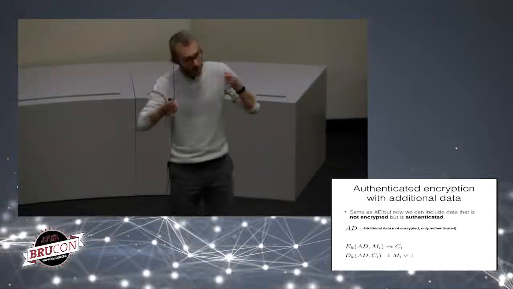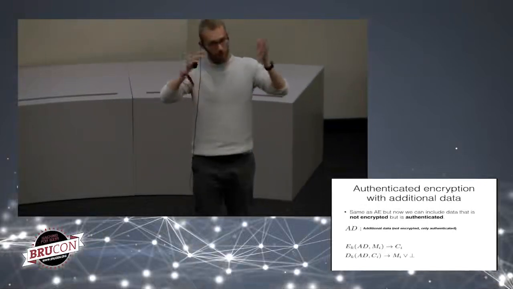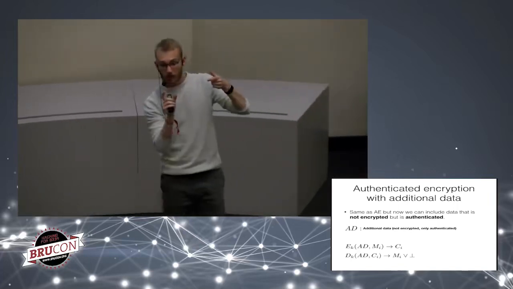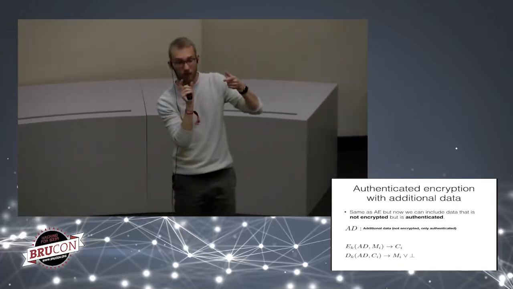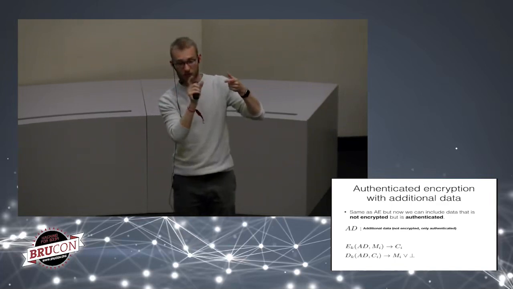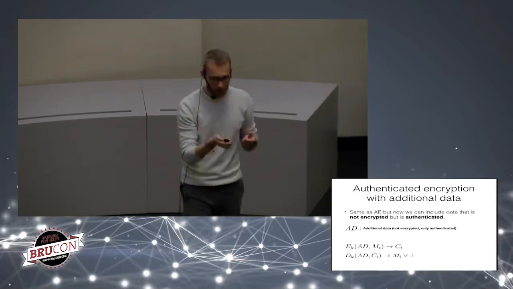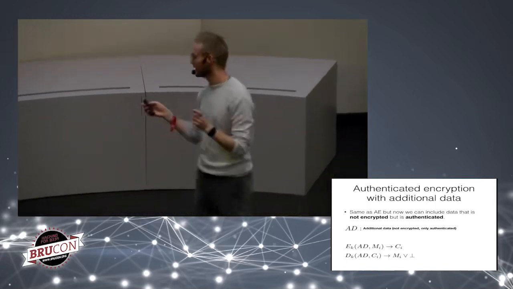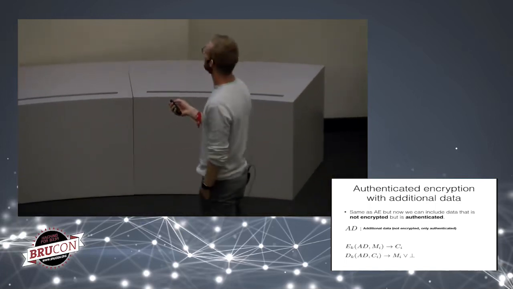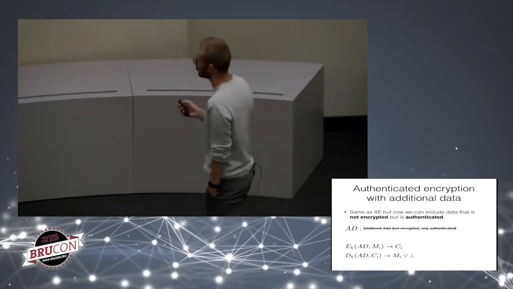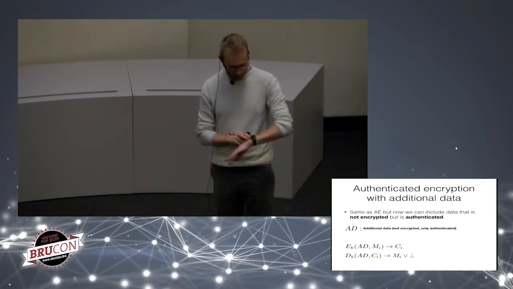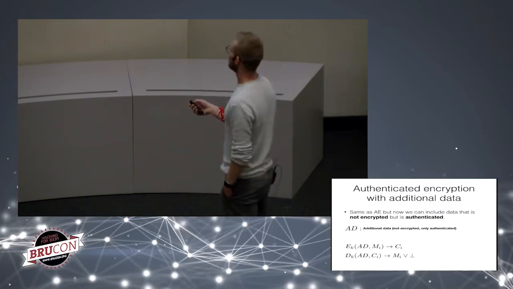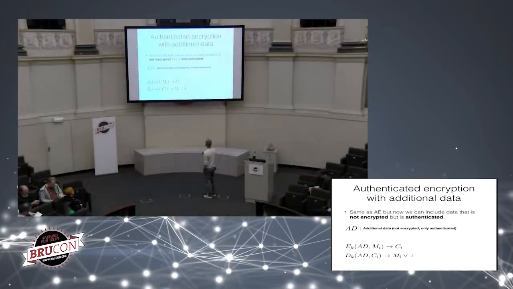What we have now is our data, which will be encrypted, but not all data. We'll have a small subsection of the data provided which will only be authenticated, which we call AD, additional data. It's not encrypted, it's only authenticated, which is denoted by this. We have this AD, additional data.